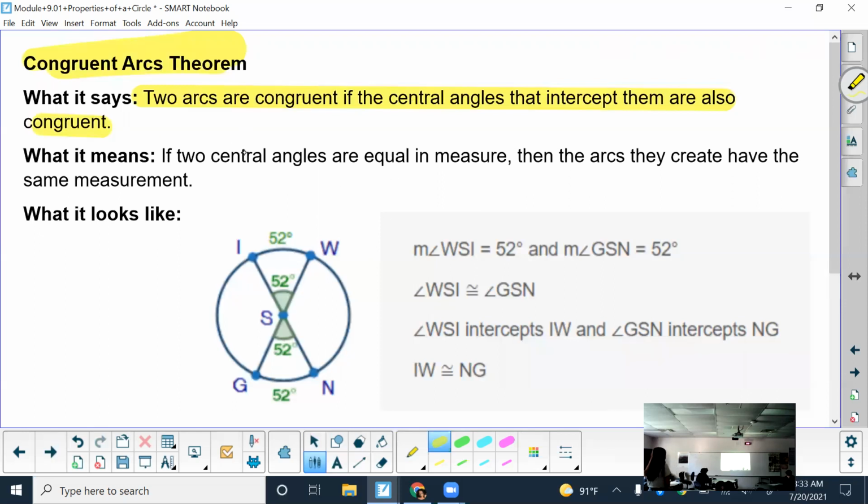So that's what we just said. Here it's illustrated again. If you were making a proof or having to fill in a proof, you could say congruent arcs theorem as your justification. Questions? Move right along.